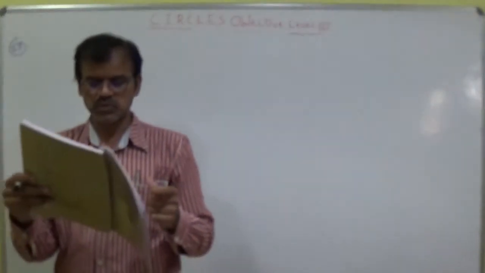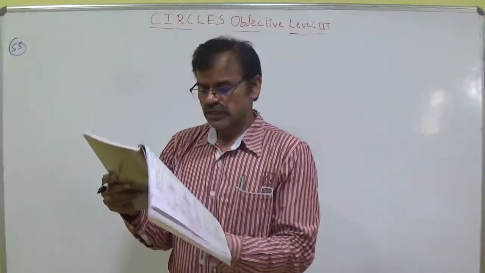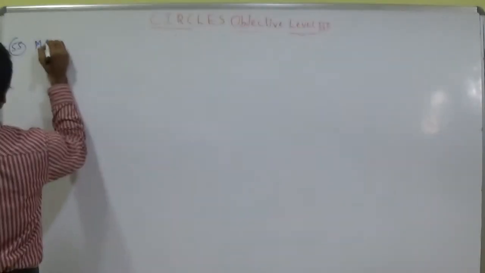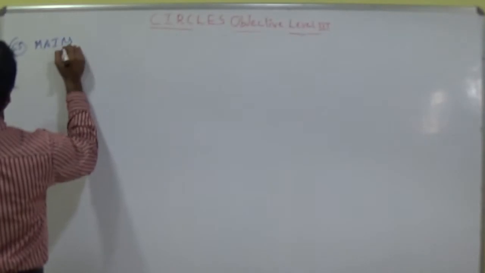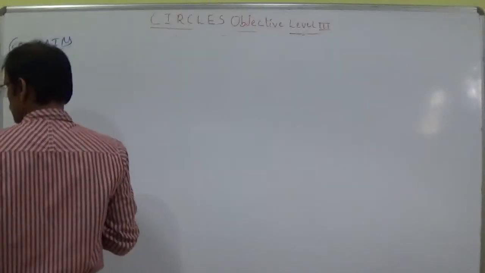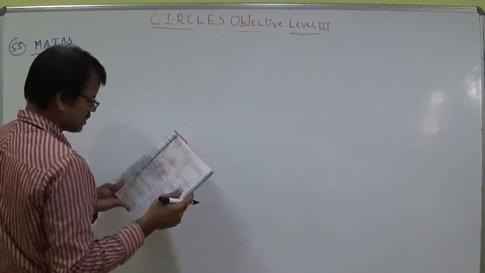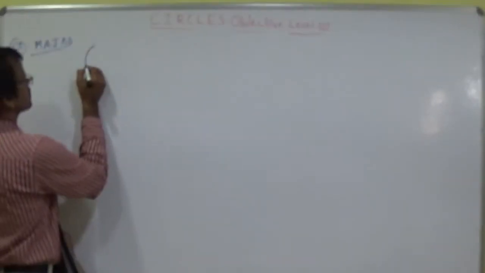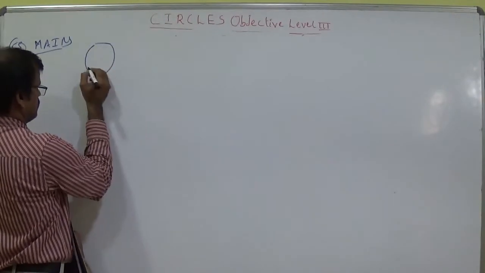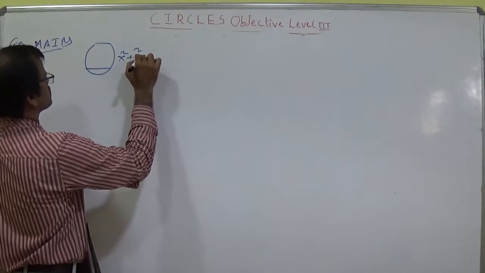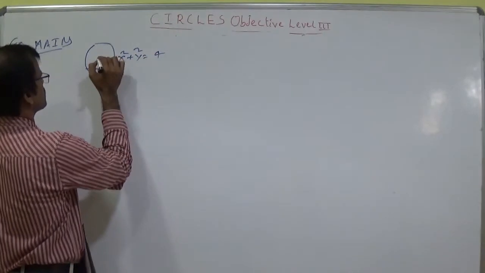The sum of the squares of the length of chord intercepted by the line x plus y equal to n, n belongs to N, on the circle x square plus y square is equal to 4. This is the length of chord, and x square plus y square equal to 4 is the circle.